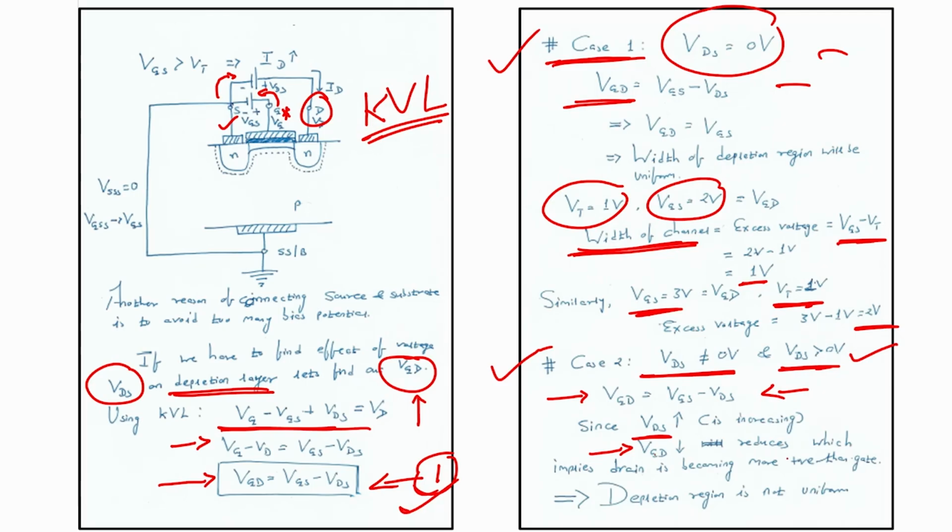If Vgd reduces, it implies the drain is becoming more positive than the gate. If the drain is becoming more positive than the gate, then the depletion region will not be uniform.